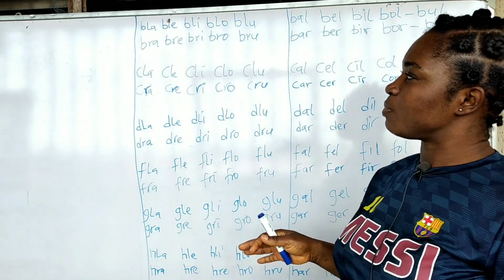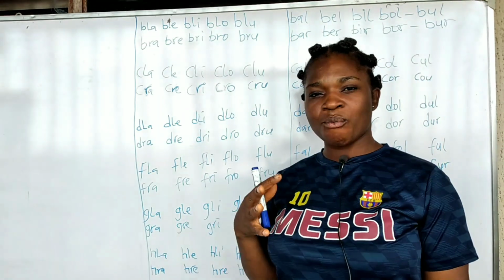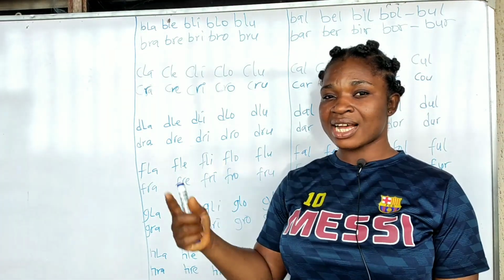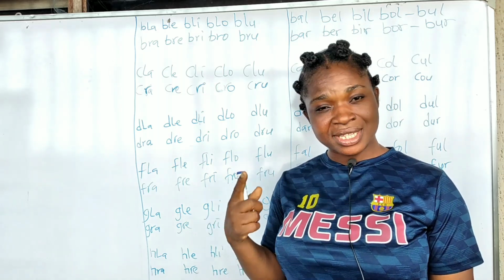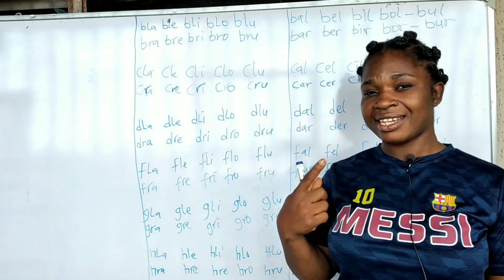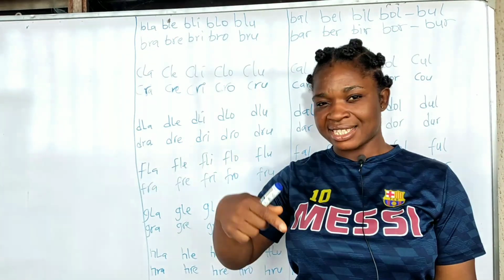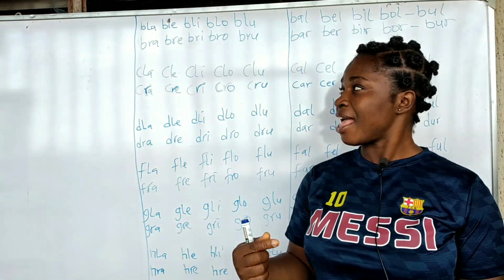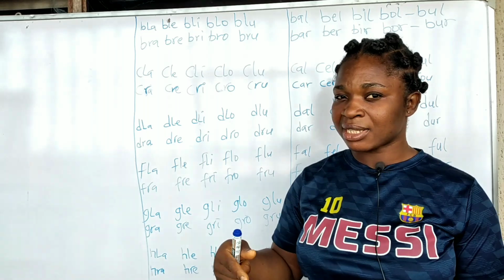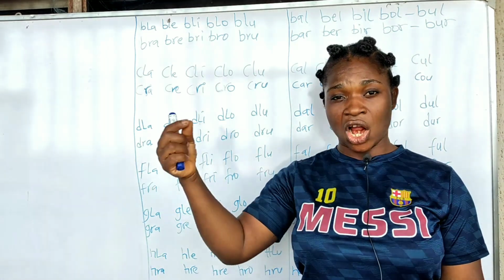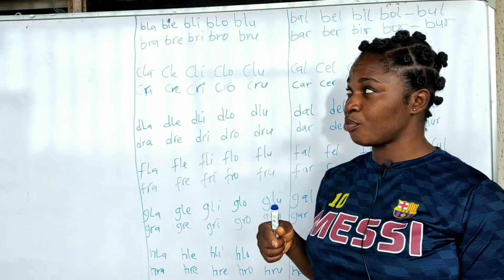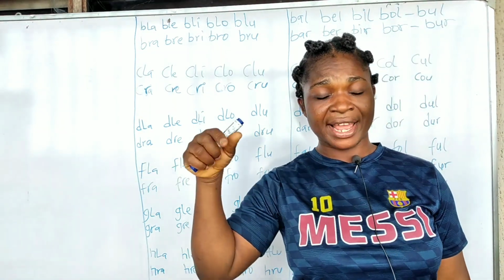In a previous video, I made mention of the fact that most times when a consonant letter begins a word, a vowel sound follows it. Most times when a consonant letter begins a word, the next letter you will find is definitely going to be the vowel. Now let me emphasize that sometimes a word can start consonant, consonant, meaning that the first letter of a word could be a consonant, still followed by a consonant.